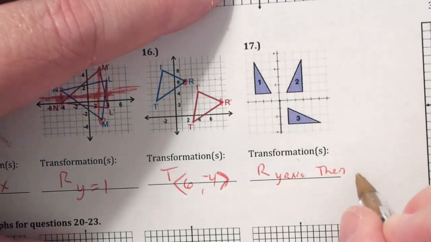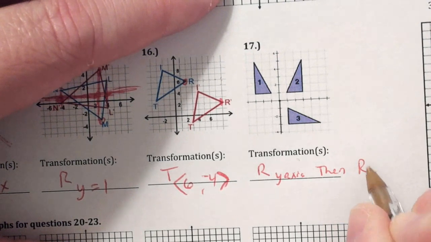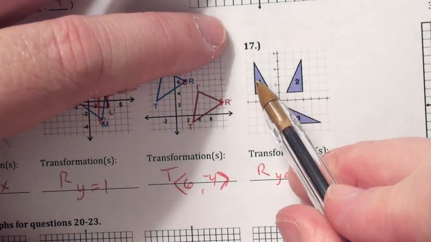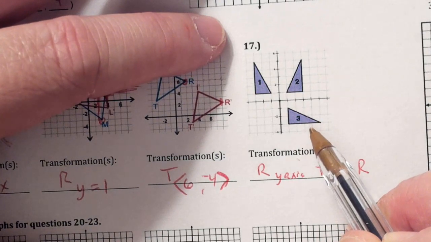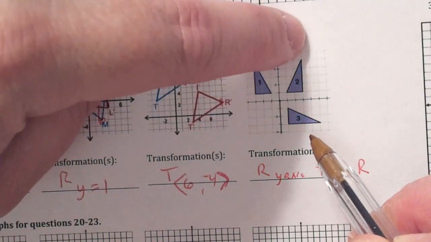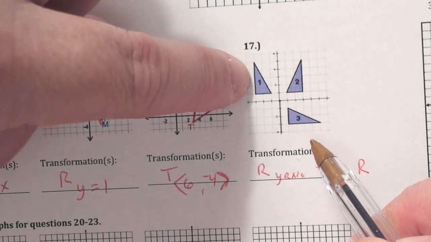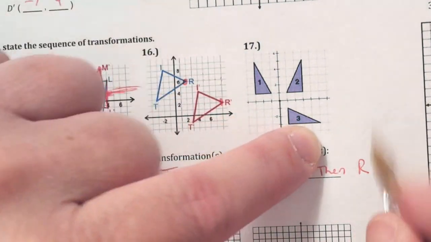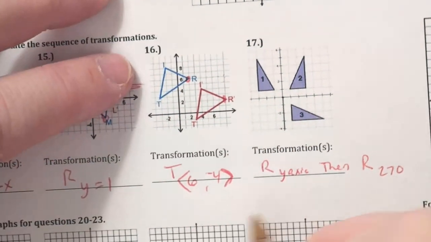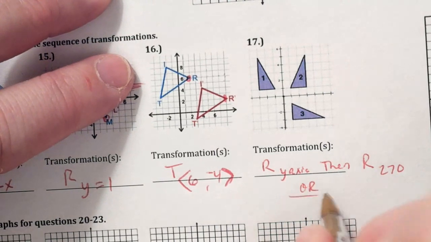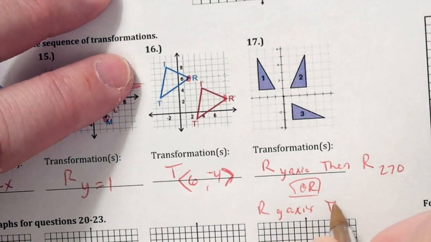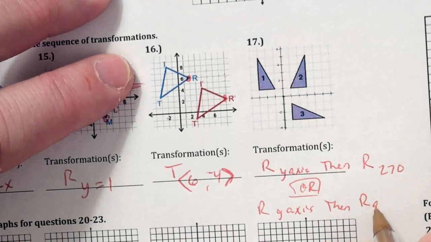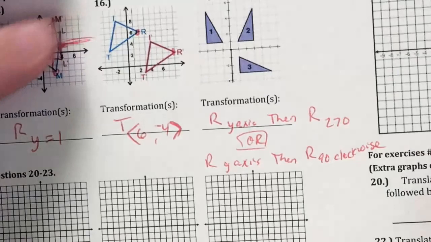Going counterclockwise, that'd be 90, 180, 270. Or you could say they reflected over the y-axis, then rotated 90 degrees clockwise. Both answers are technically correct.